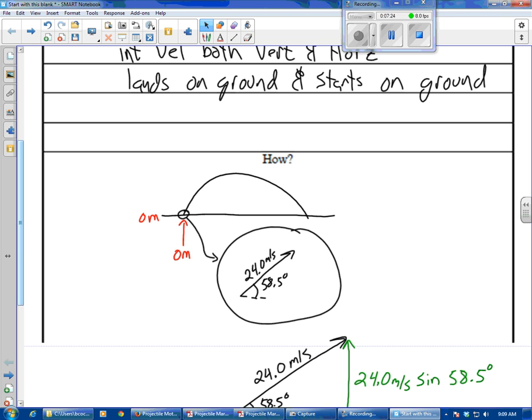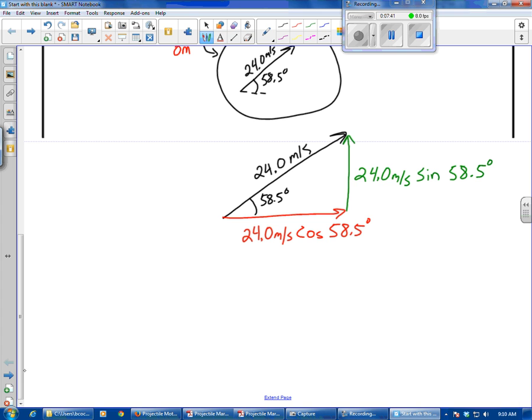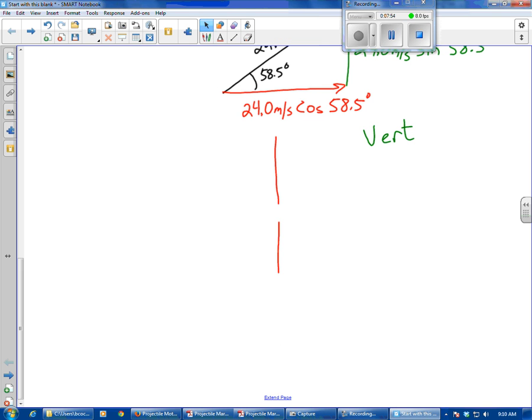Now remember, this is just a guess. So I might even put that up here in my Y, that the vertical restricts time. May or may not have that up in my Y, but if I realize it, great. So I'm going to start on the vertical side, and then if I need it, I'll go on to the horizontal side.